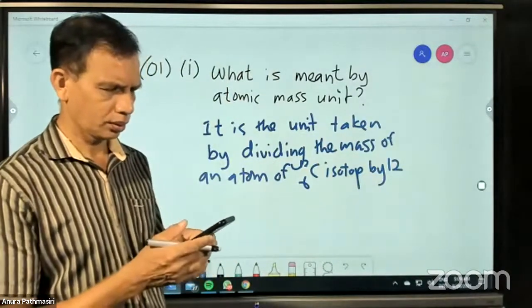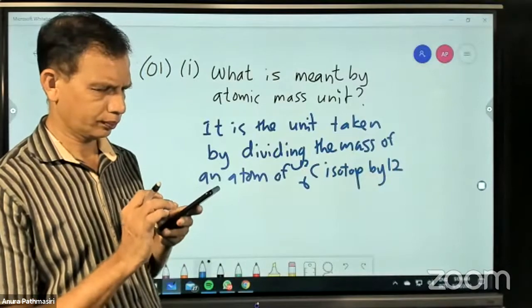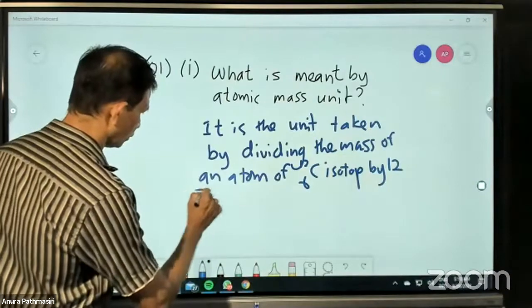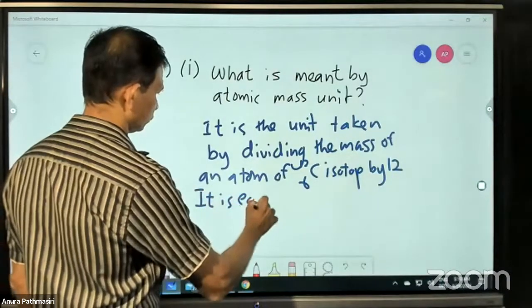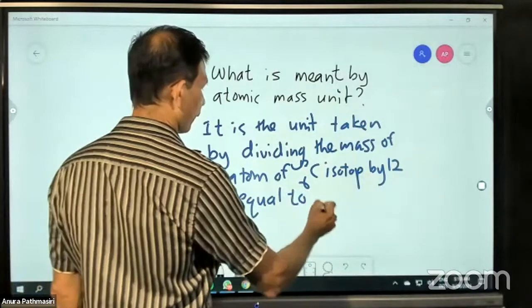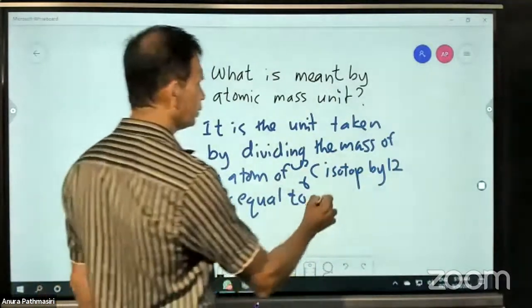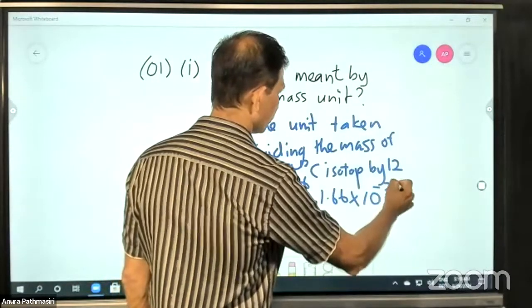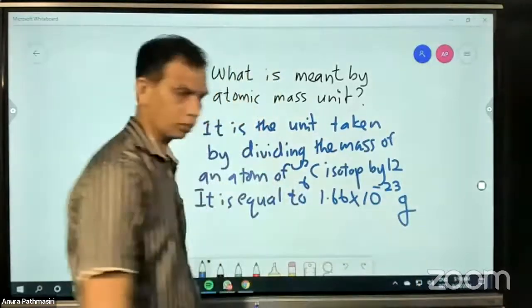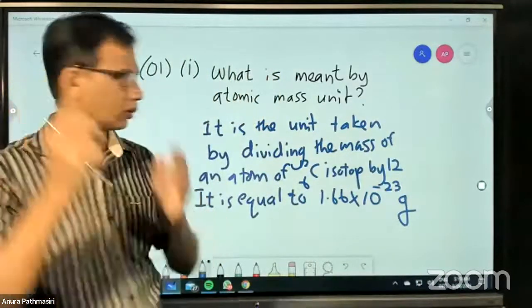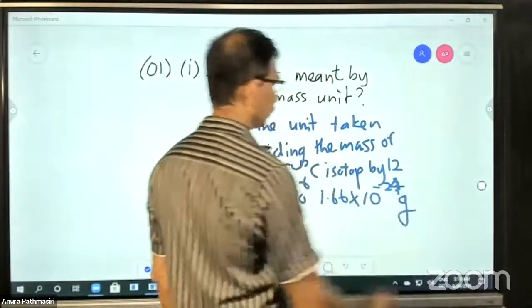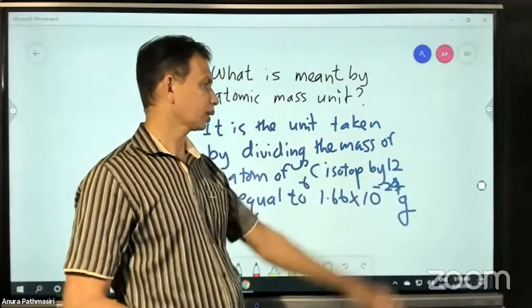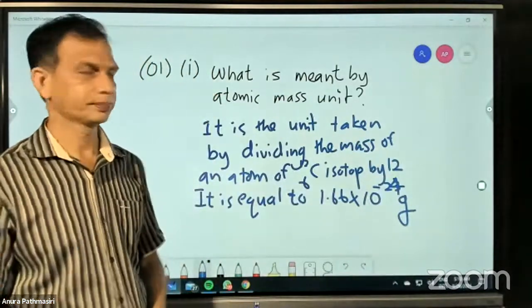It is equal to 1.66 times 10 to the power negative 24. Yeah, it is equal to 1.66 times 10 to the power negative 24 grams.